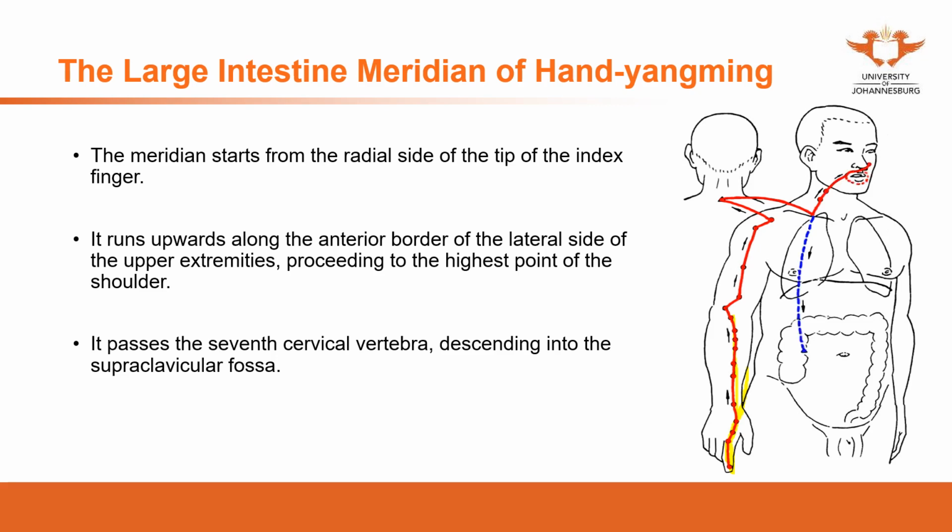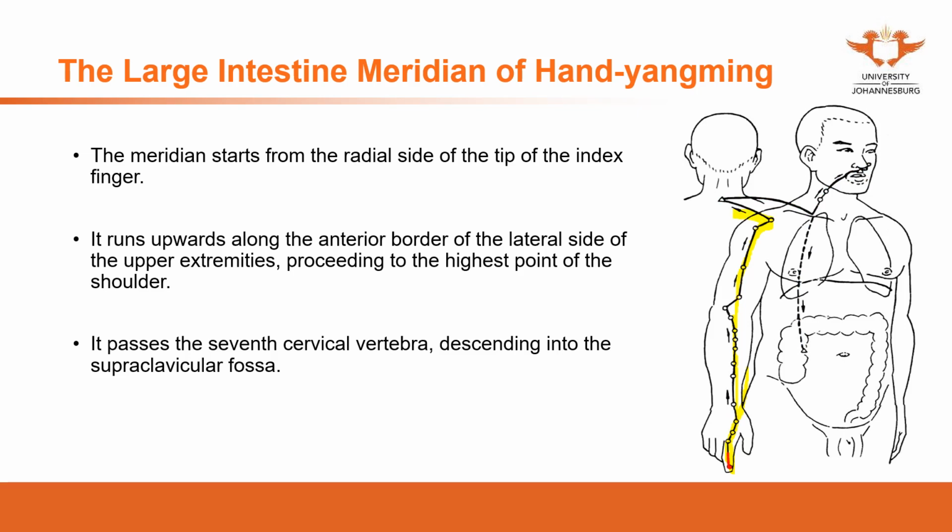So it goes all the way up to the shoulder. And then here it passes the seventh cervical vertebra and descends into the supraclavicular fossa.